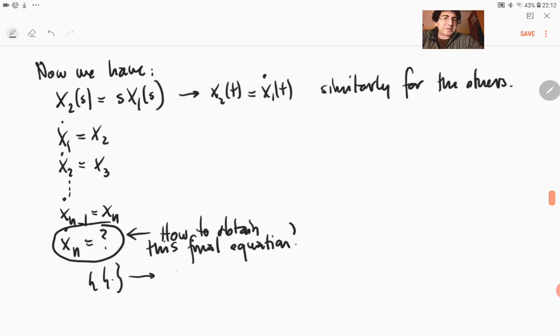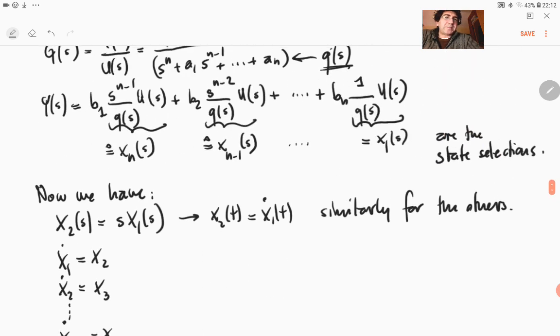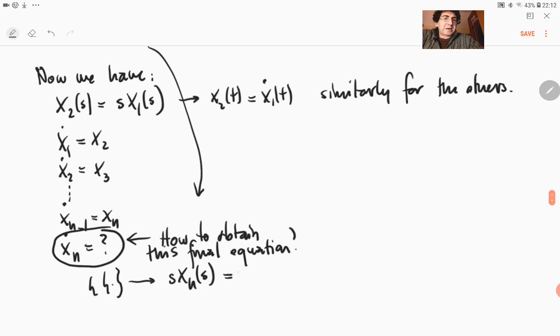So what becomes is s times xn(s). Because I have xn(s) given by this term, s^(n-1) over here, s times xn(s) is equal to s^n over Q(s) times U(s).